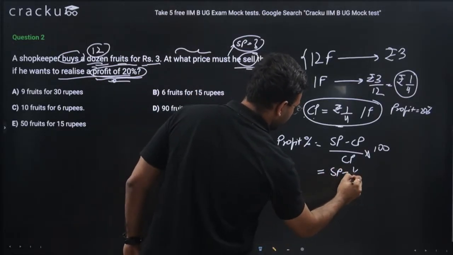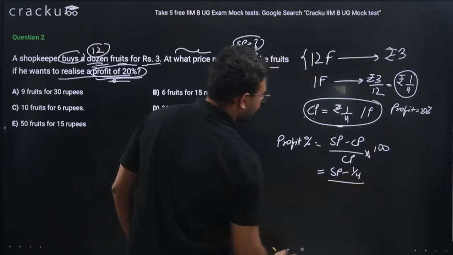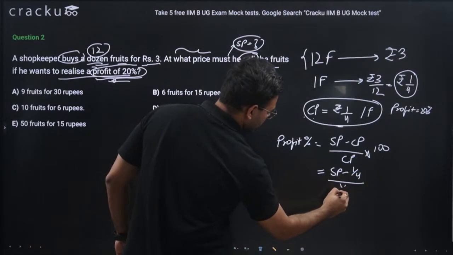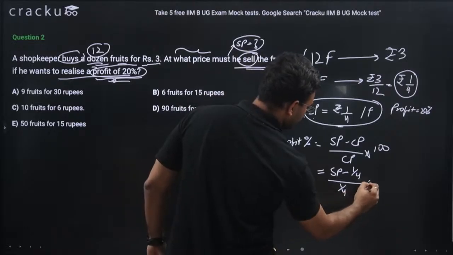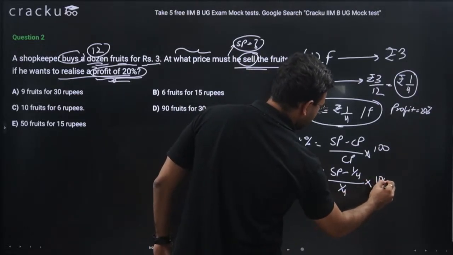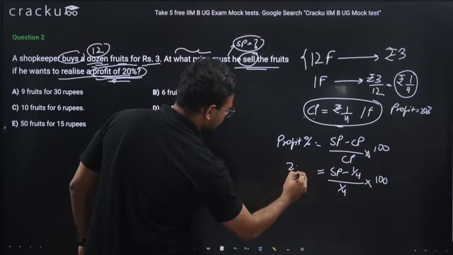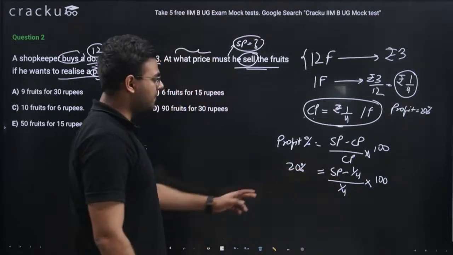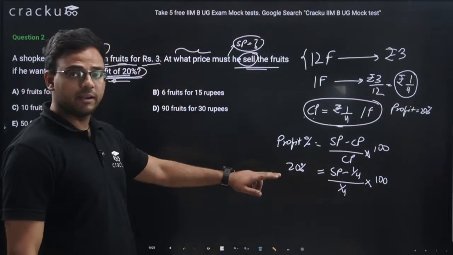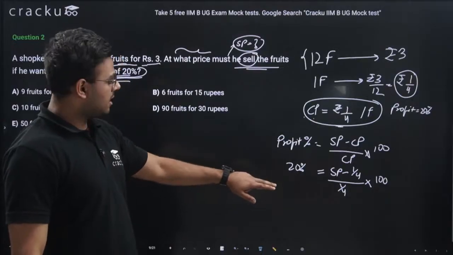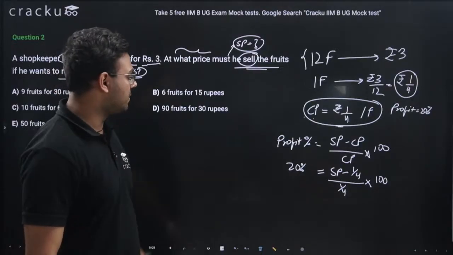So SP minus 1 upon 4, divided by again CP, which is 1 by 4, into 100. And this profit is 20%. Substitute the values of CP as well as profit percentage.